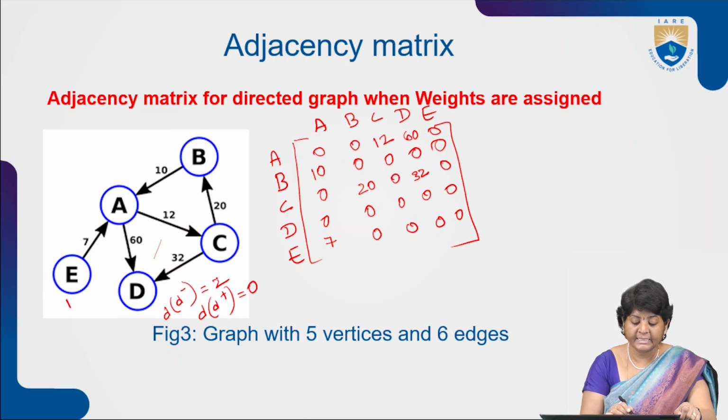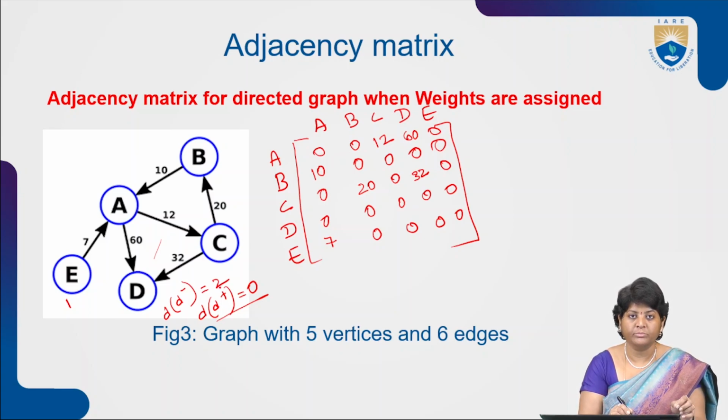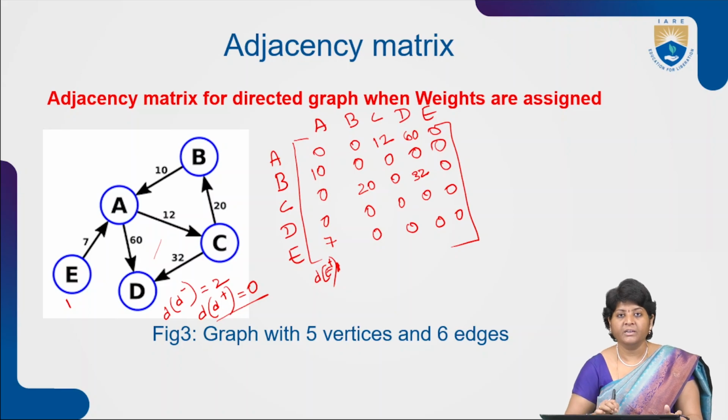We should not say that the degree here is 0, but since it is getting the directions towards D, we will mention the degree of D will be 2. We should state that the in degree is 2, out degree is 0. And here for vertex E, the out degree is 1. So in this way, we will find the adjacency matrix.